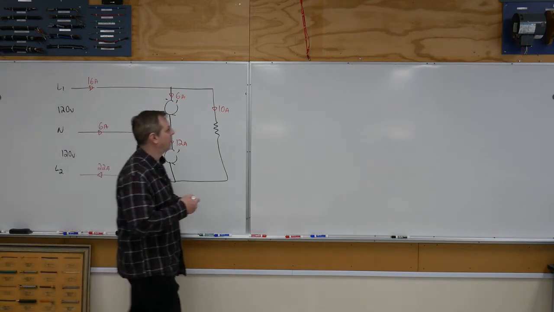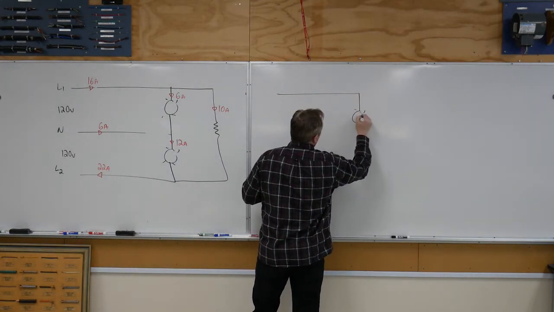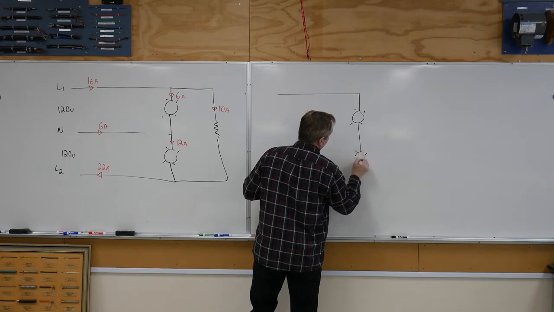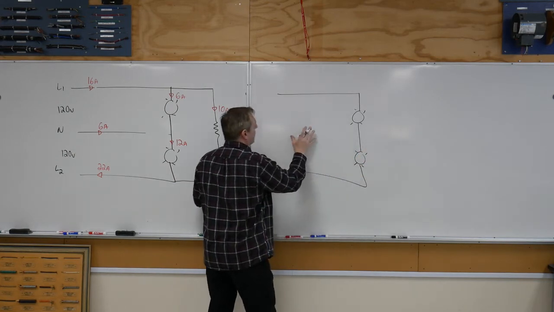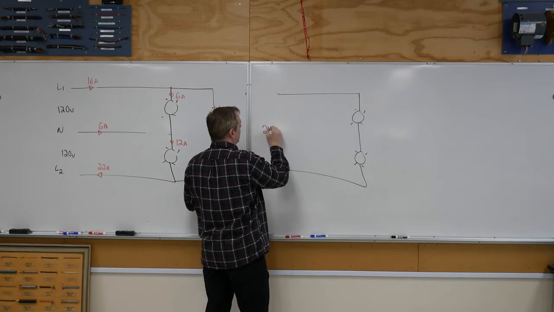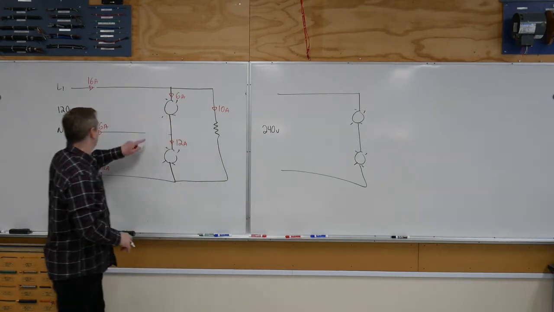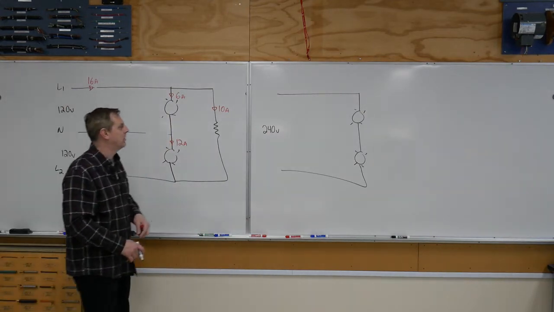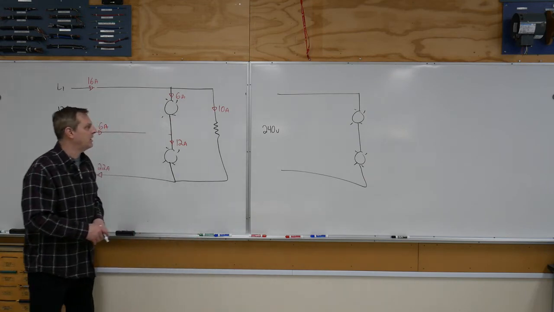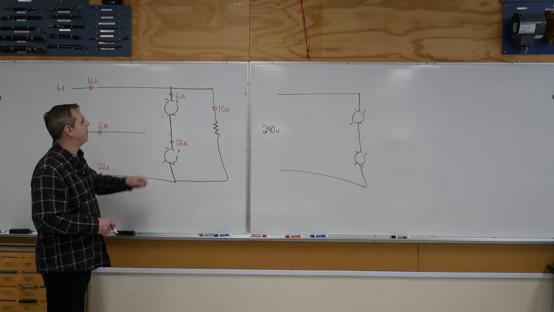So if I come over here and redraw this, simply to focus on those lighting loads, I'm going to get rid of the neutral for the time being because we know we only have a 240 volt source, because we've lost the neutral. So we've got line 1 to line 2 potential. The first thing I need to do to solve this is solve for the resistance of these loads before they broke.